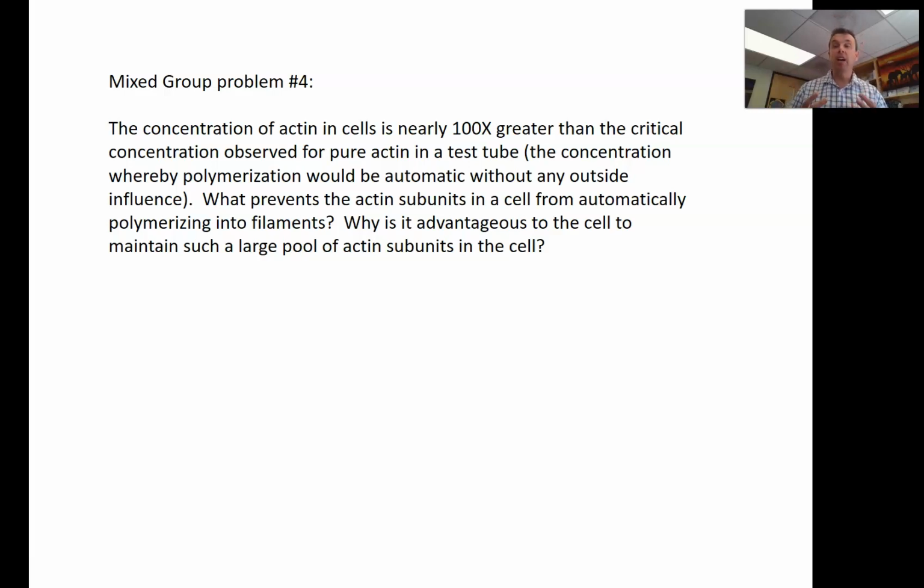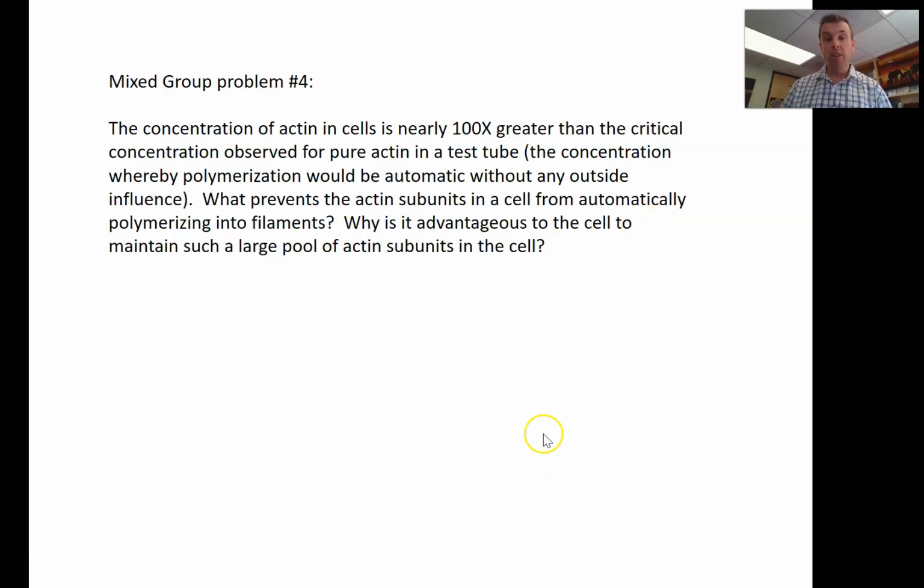So by having an excess amount of monomers, you can regulate the effective concentration by inhibiting them or activating them. And that's much more efficient than having to degrade a whole bunch of monomers when you don't want to polymerize as much actin, and then having to transcribe and translate and make a whole bunch of the proteins just when you want to make them. Instead, you activate and deactivate them much more rapidly and much more energetically efficient.